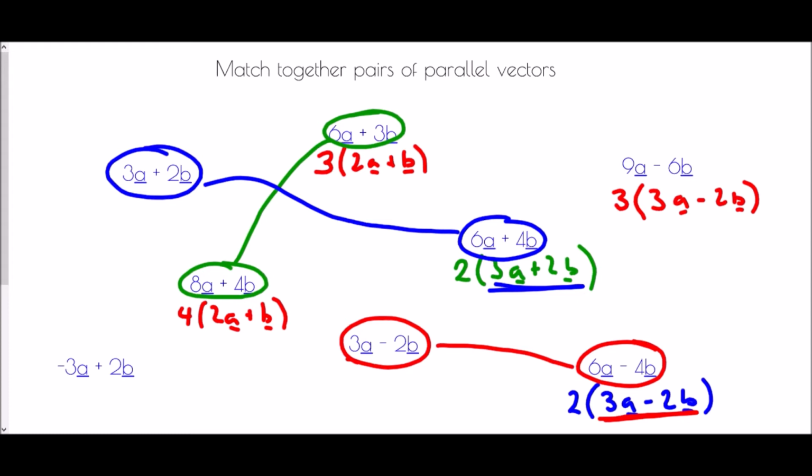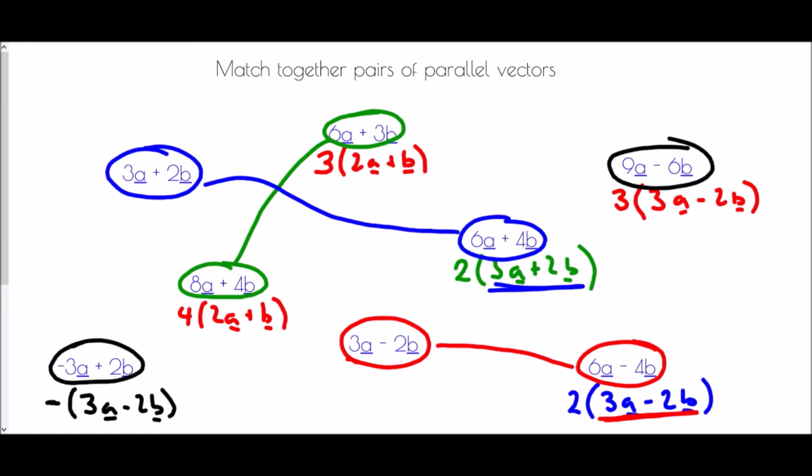Now this one is a little bit of a trick here, because I can actually match those together if I think about taking a negative outside of the bracket. So if I take the negative out, that becomes 3a take away 2b, and so now that does actually match with 9a take away 6b.